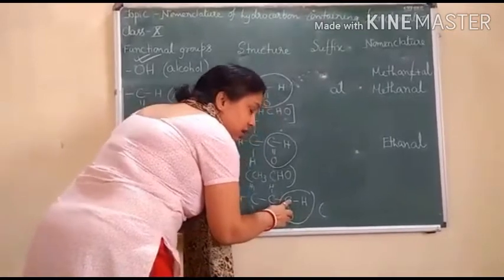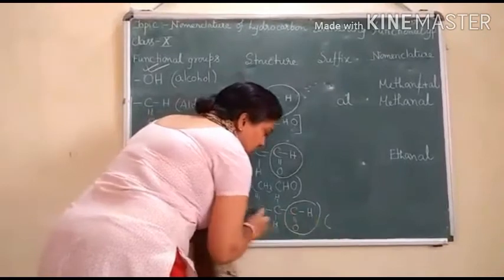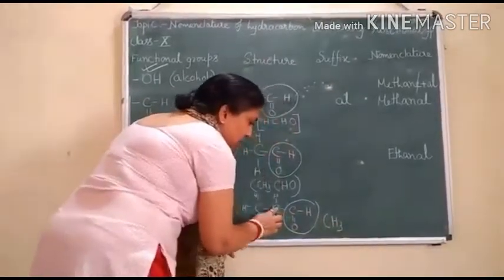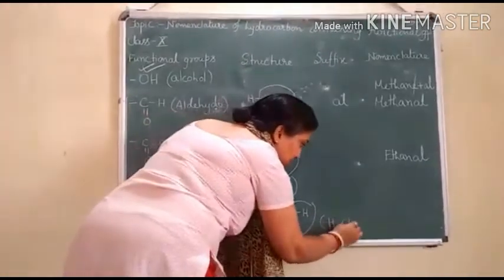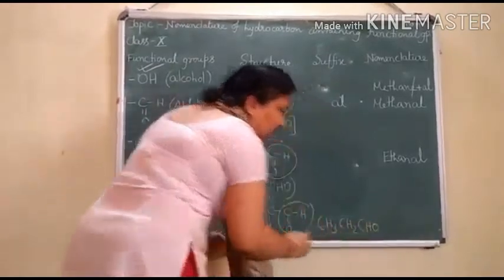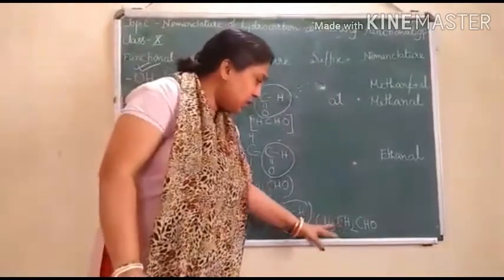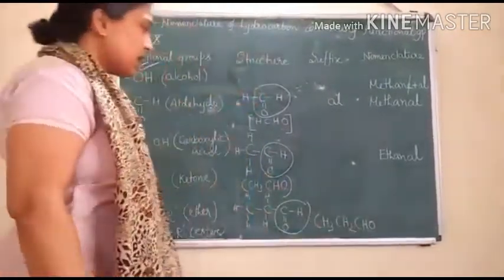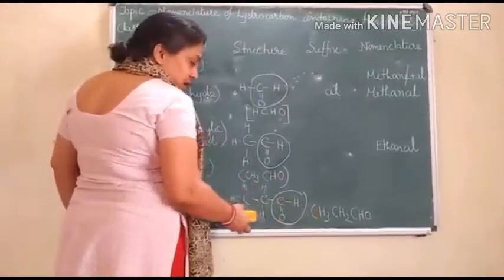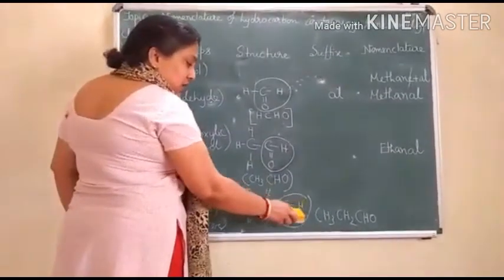I will write that CHO together. How many hydrogen? 3 hydrogen, so CH3. This carbon, how many hydrogen? 2 hydrogen, so CH2. And this is the CHO group. So CH3, CH2, CHO, or you can write C2H5CHO. That is also correct. If that is confusing, then write it as CH3, CH2 and CHO.